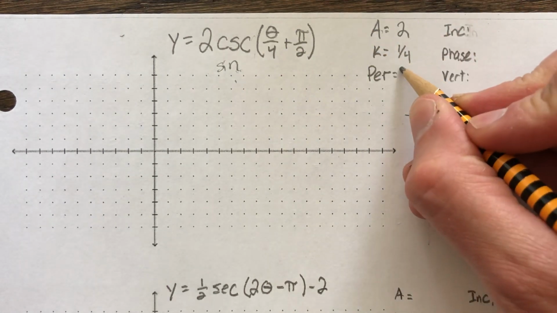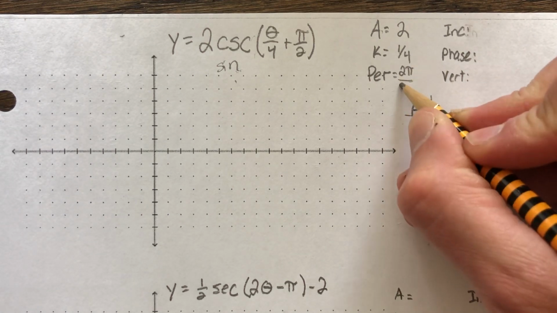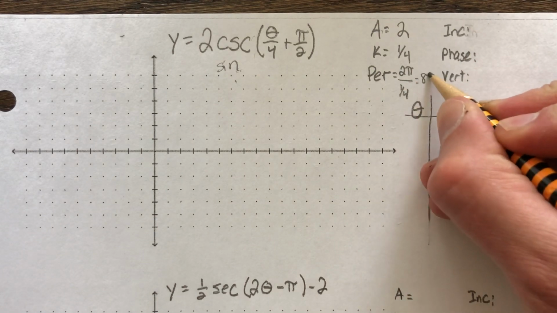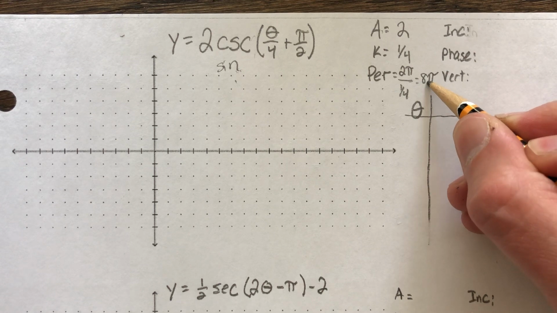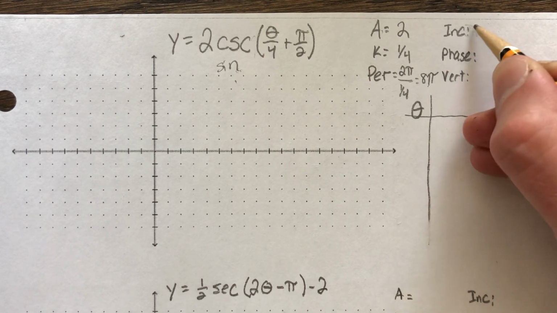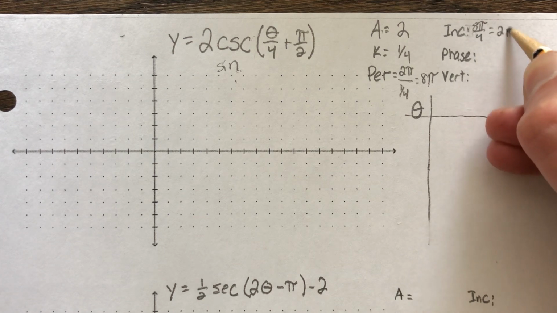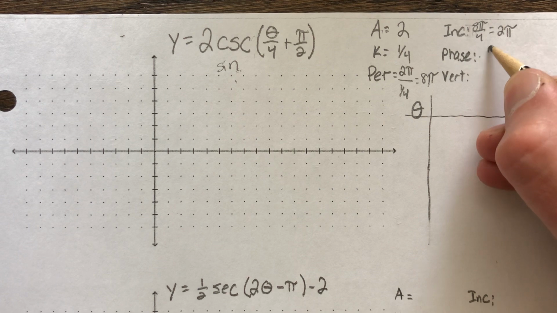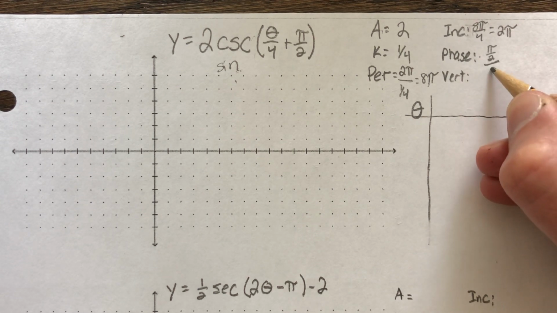So it's going to be 2 pi over k, which is 1/4, and that's going to give you 8 pi. Your increments is going to be your period divided by 4, and that's 2 pi. Your phase shift is what's in the parentheses divided by k.